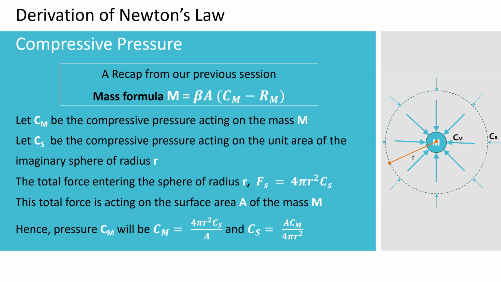Ma'am, could you talk about the sphere in the concept here? Why do we have that sphere around the mass? I want to understand the relevance of considering a sphere in this discussion.